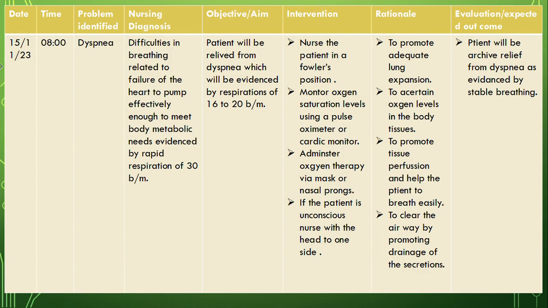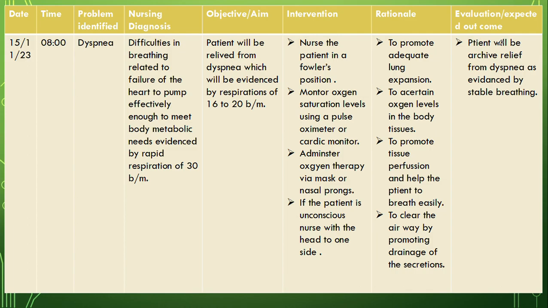So it's supposed to have these columns and be written as indicated here. So you need to have your date, your time, your problem identified, your nursing diagnosis, your aim or your objective, your interventions, your rationale, and your evaluation of the expected outcome. So it's supposed to look like this.